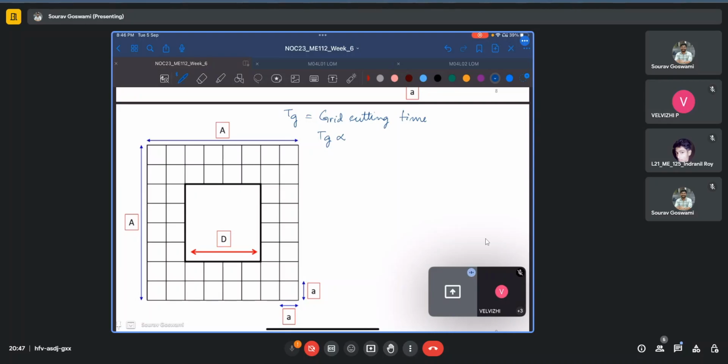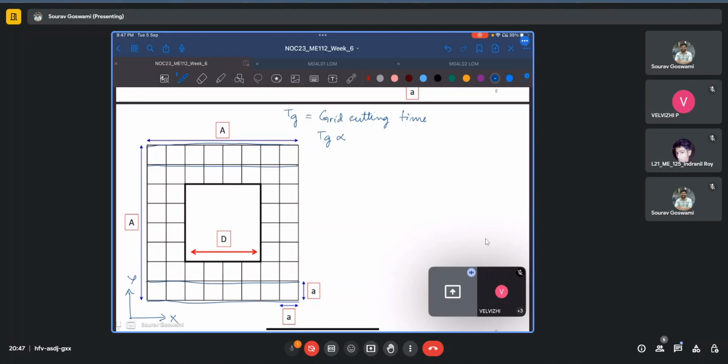This problem is symmetric in the x and y directions, so let us work for one direction first, and then we can simply multiply that by two to obtain the other direction as well. When cutting in the x direction, we see that this entire length of A has to be cut once, twice, thrice, and four times.